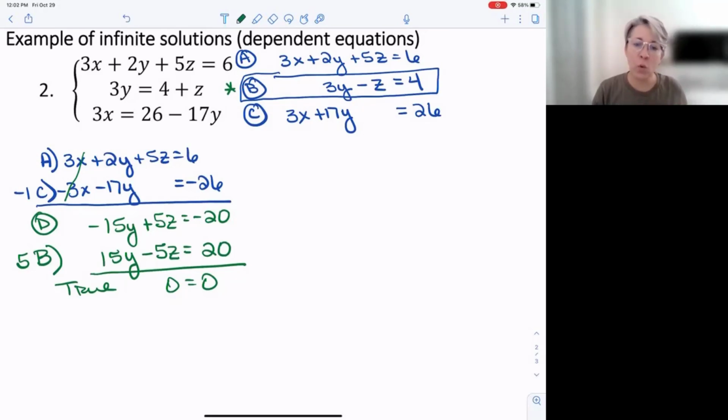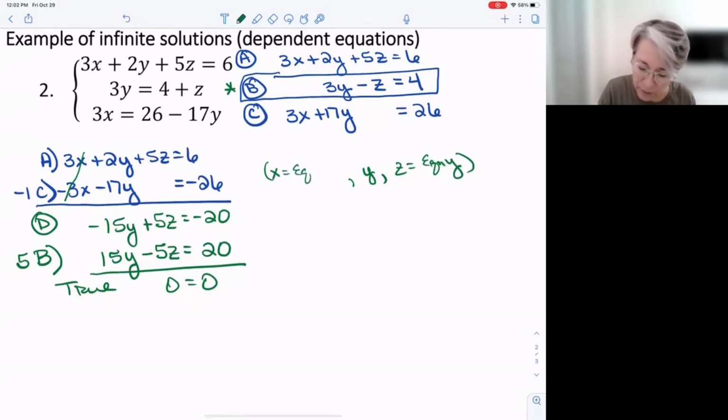So if that is true, what we're going to do is choose one variable. In this particular case, I would probably choose y, and I'll show you why. And then we're going to represent z as some equation with y, and we're going to represent x as some equation of y. Okay, so that would be our goal.